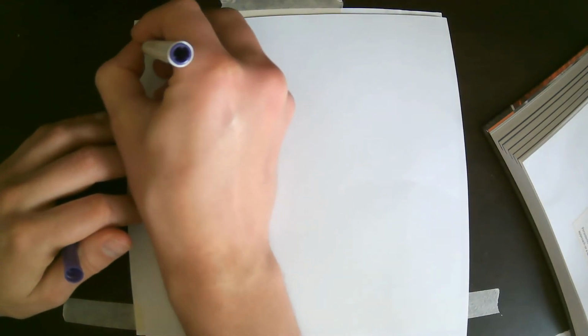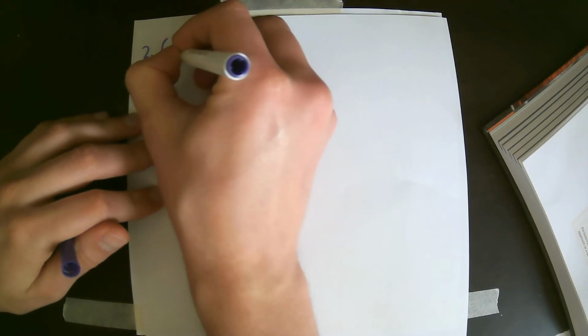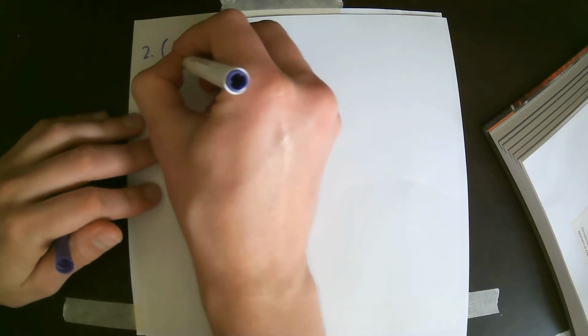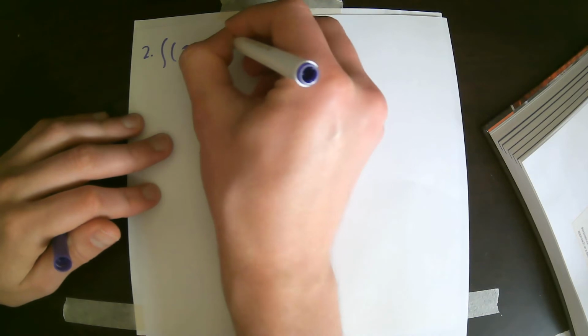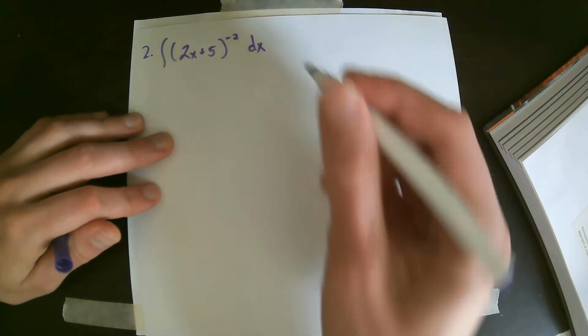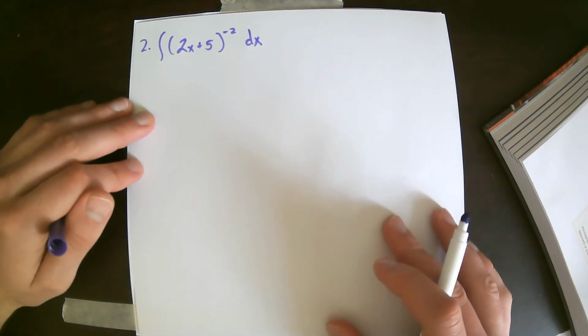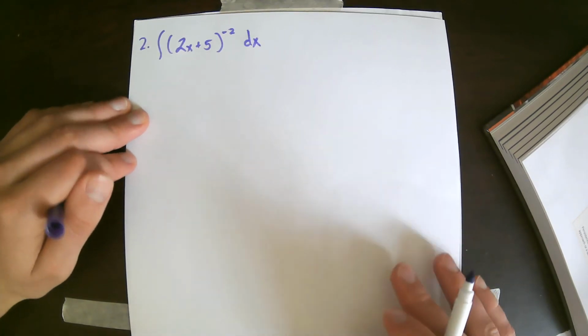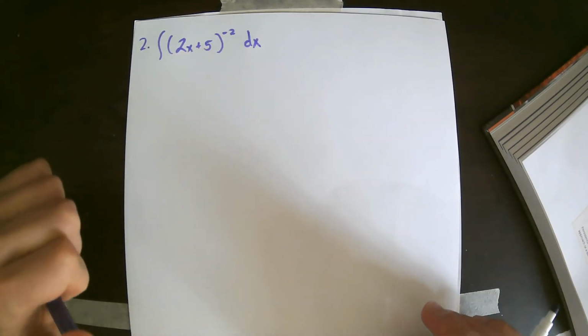So let's do the integral of 2x plus 5 raised to the negative 2 dx. Oh, and they tell you what to use for u here.